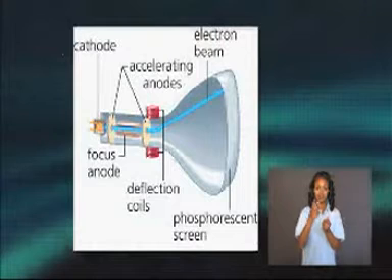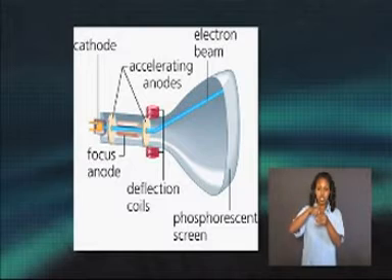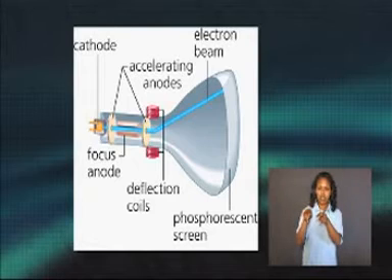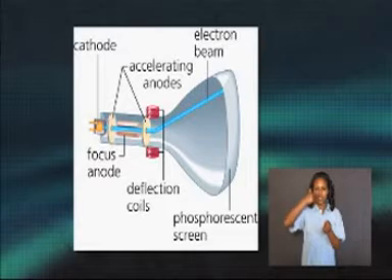A cathode ray tube is a vacuum tube that contains a source of electrons, a series of focusing and deflecting devices, and a fluorescent screen.